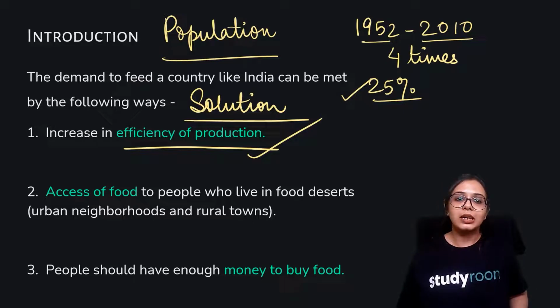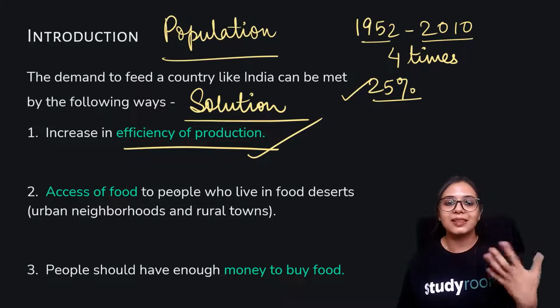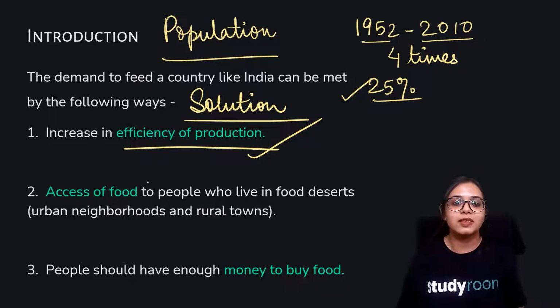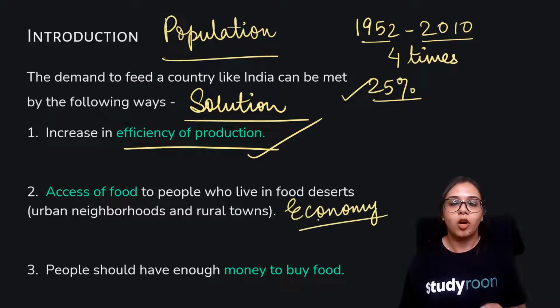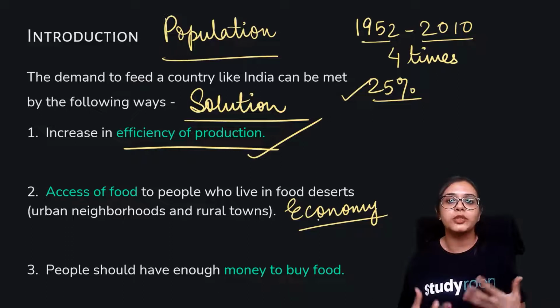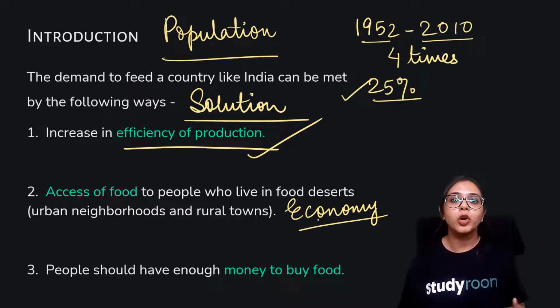All right, the other imperative in accessing those food resources is the economy, which is the monthly income of people. So if you're producing food, if people all over India are farmers employed in the production of food, in the production of increased and better quality food, but what about those poor people who cannot obtain this food, who cannot access this food because of their lower monthly wages or lower income?